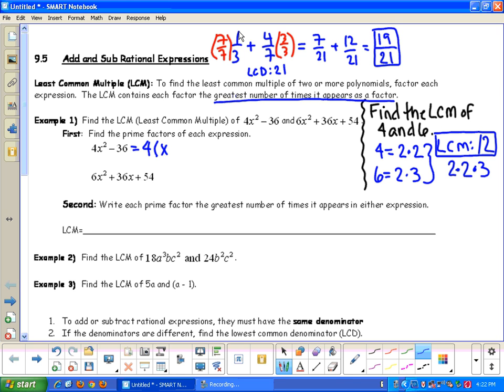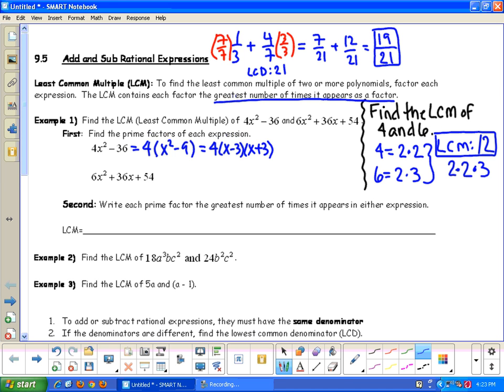When I factor that out, I get x squared minus 9. I know that x squared and 9 is a difference of squares. So this gives me 4 times x minus 3 times x plus 3.